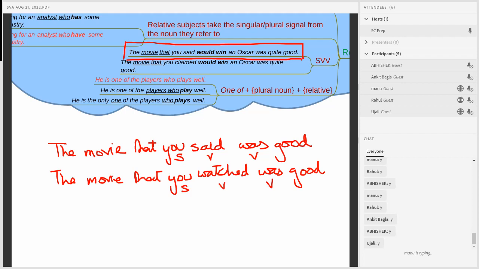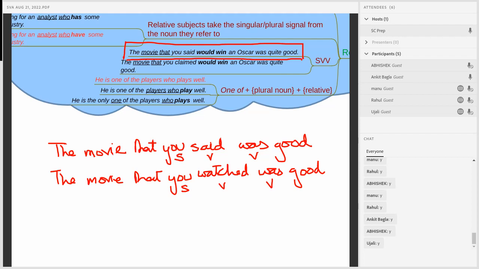All right. Now, before we discuss anything else, my first question to you is, one of these is a complete sentence. Which one? And of course, please feel free to unmute yourselves. Second one is the complete sentence.